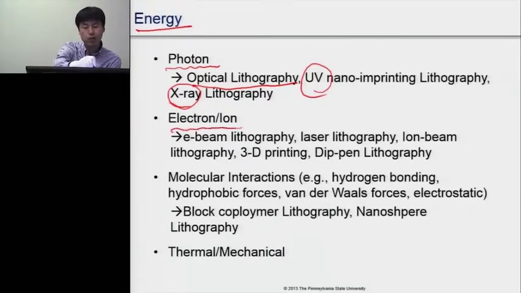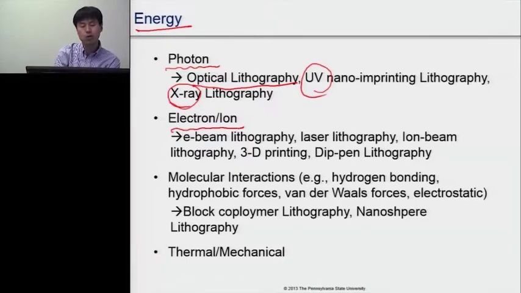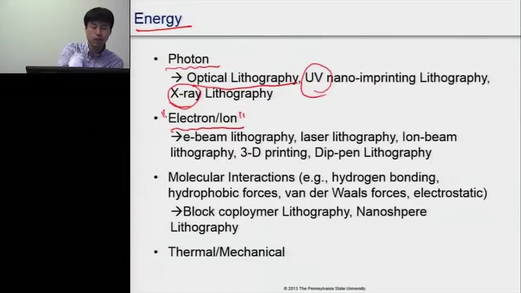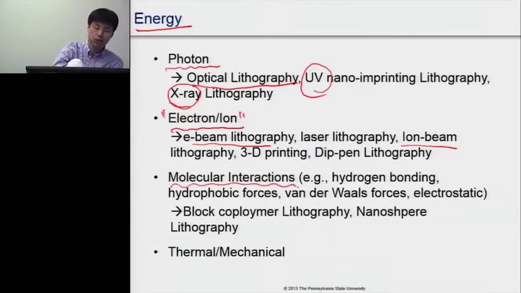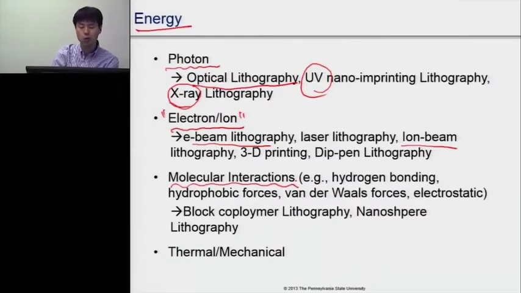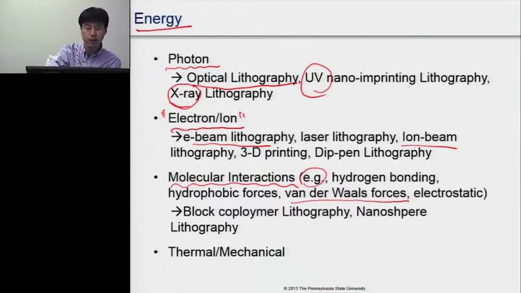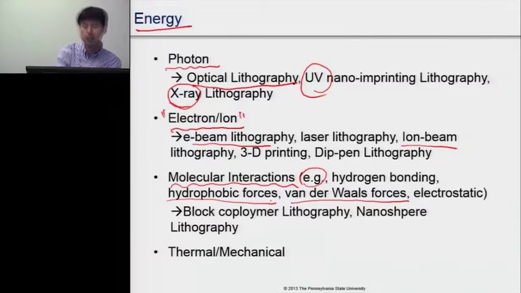And electron beam or ion beam can also be used as the source of energy for E-beam lithography, ion beam lithography, or those direct writing techniques. Another is molecular interaction, that is, intermolecular or intramolecular interactions among supramolecules. Examples are van der Waals force and hydrophobic forces.